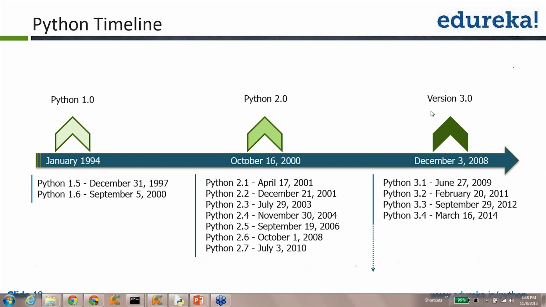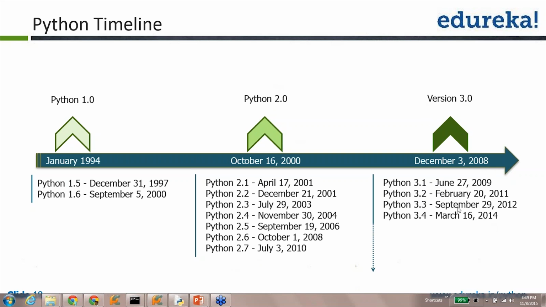Even though version 3 was released several years ago, there were too many issues when it was released, and due to that many libraries did not have the equivalent conversion available in version 3. So in order to ensure that you have access to almost all libraries in Python, Python version 2.7 is the safest bet. Version 3 again was released in June 2009.